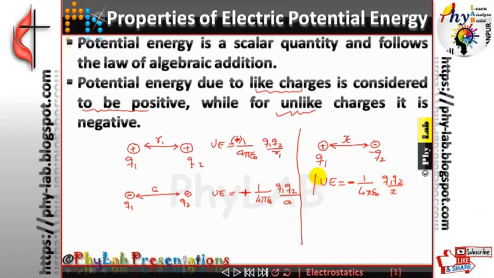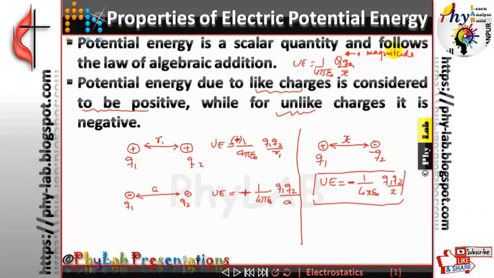Now these are the expressions for potential energy. You need to understand that the expression of potential energy that you have studied is 1 upon 4 pi epsilon naught Q Q naught upon the distance of separation. This Q and Q naught happen to be the magnitudes of the charges, and when I say they are magnitudes, I am not going to include the nature of the charge.